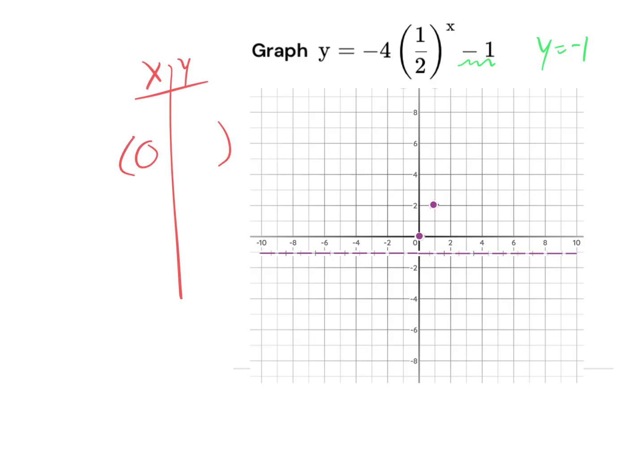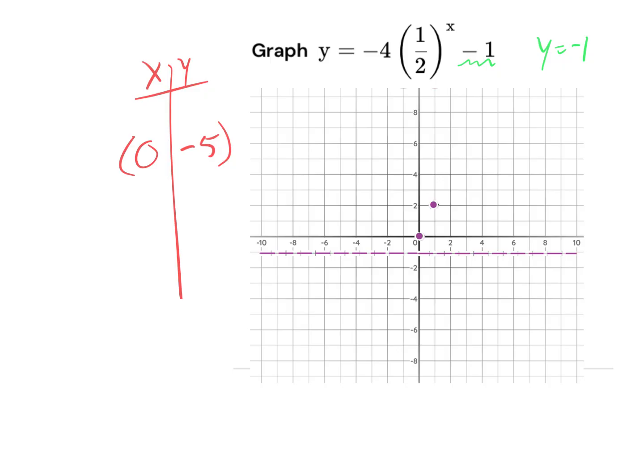Let's start with 0. Plug in 0. And again, you can do all this math with the calculator. Well, if you have a 0 right here, anything to the 0 power is 1. And 1 times negative 4 is negative 4, and negative 4 minus 1 is negative 5. So when you input 0, you get out a negative 5.